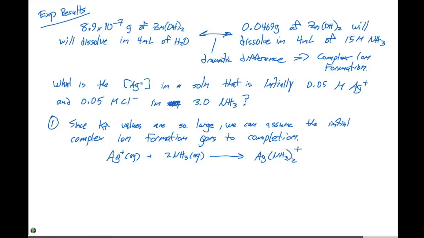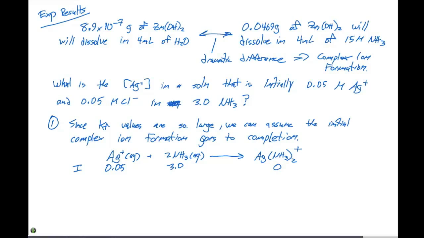So if we assume that this goes to entire completion, we have to think about the reactions we talked about back in chapter 3 and 4. And we can say initially we have 0.05 molar silver, we have 3.0 molar ammonia, and we don't have any complex ion formed yet.